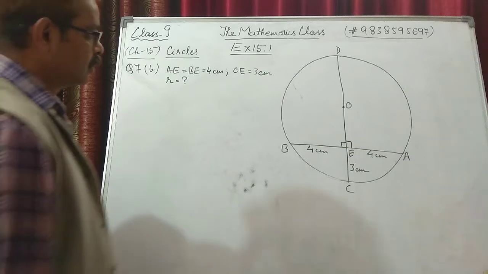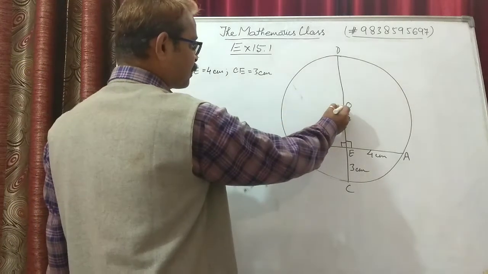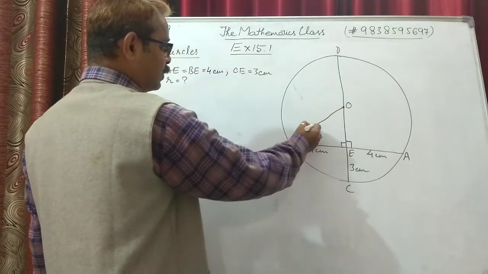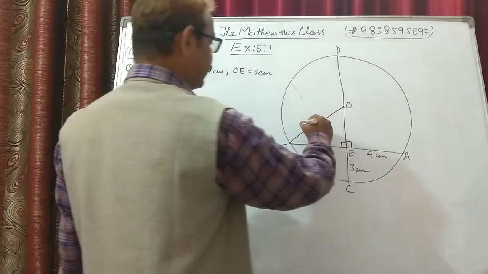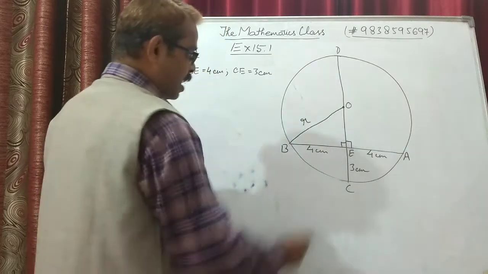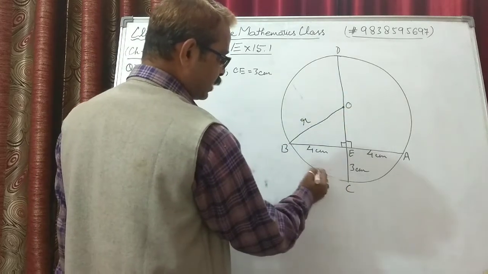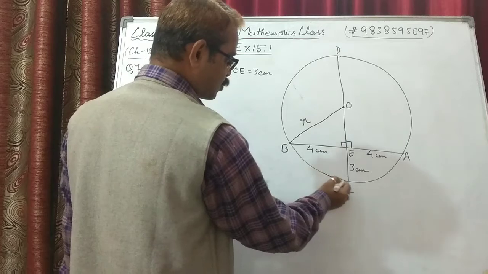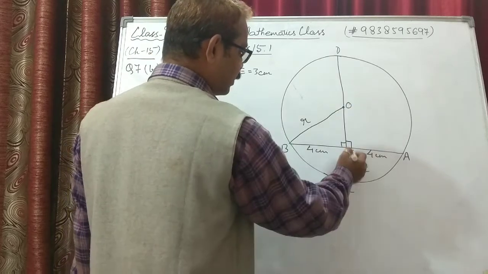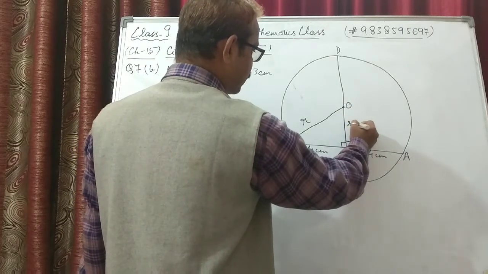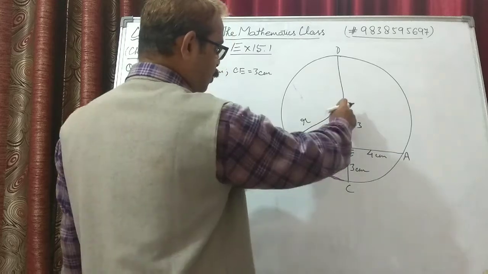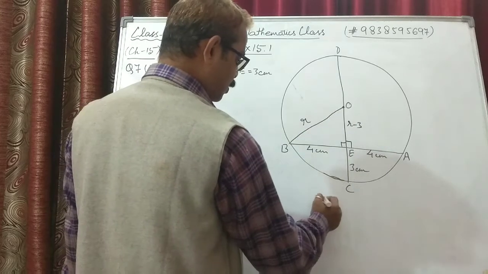So what we do, we will join OB. OB will be the radius of the circle and OC will also be the radius of the circle. OC is the radius.